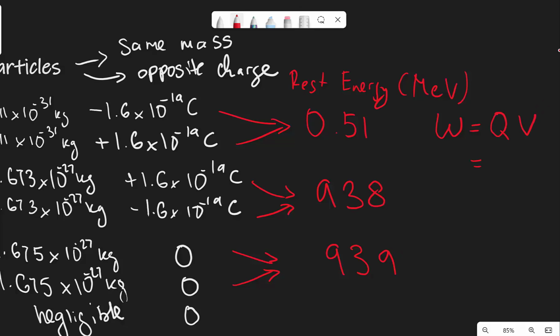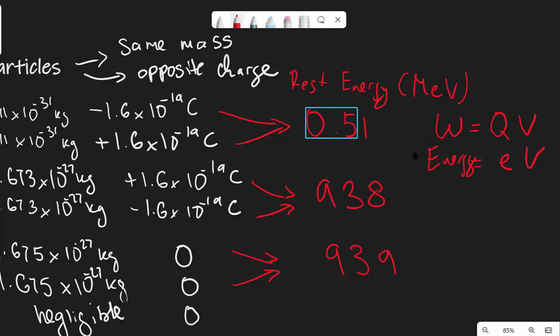So if our charge is the electron charge and our voltage is the voltage that we've applied, let's say a volt, we can get the unit of 1 electron volt. In this case, a mega electron volt, we're also going to have a factor of 10 to the 6 right over here, but this is just a unit of energy.